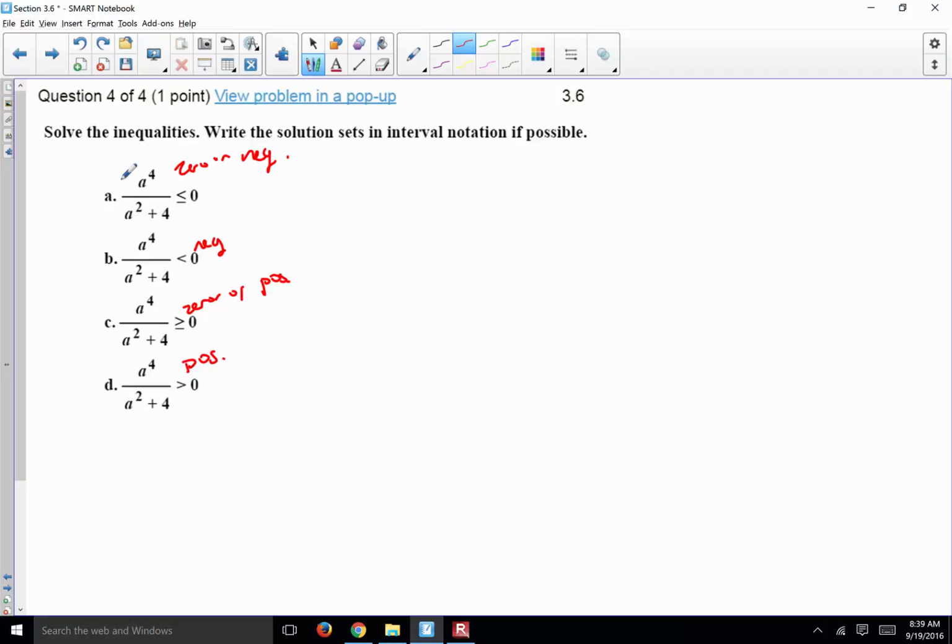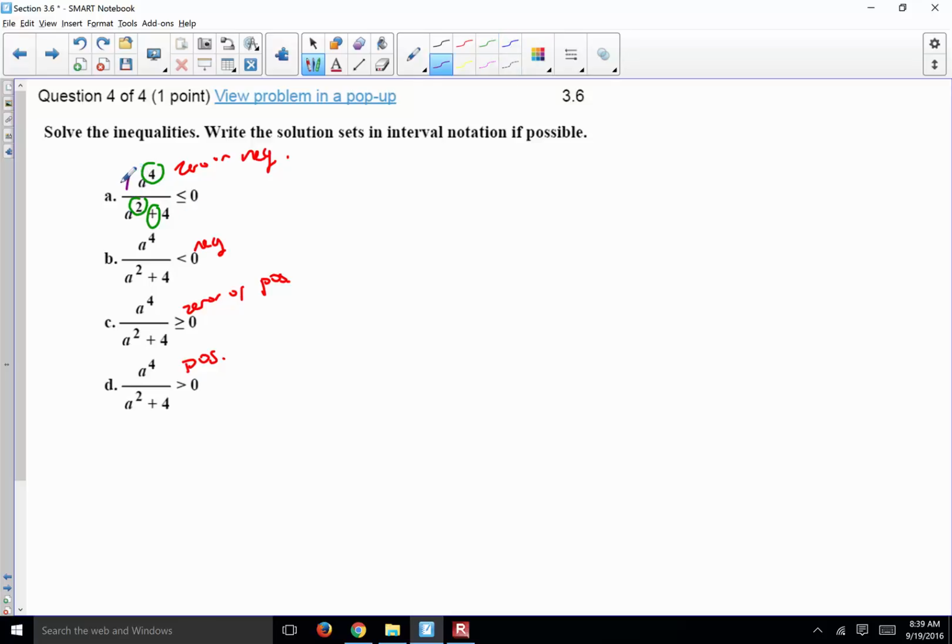You can answer these questions by logic, because of these powers. Do you see these powers? What kind of exponents are these? Those exponents are always even, 4th and 2nd degree power. They are even exponents, so they make everything positive.